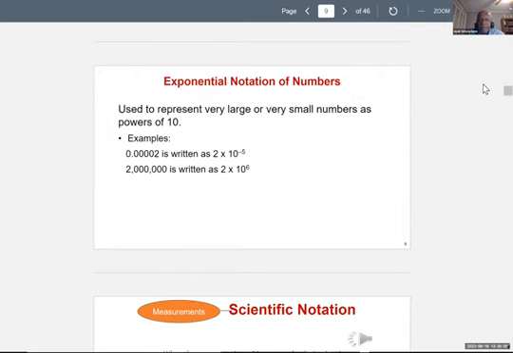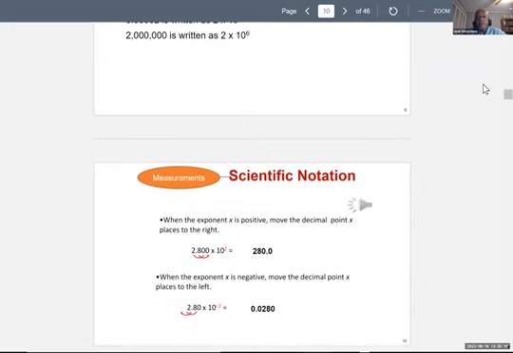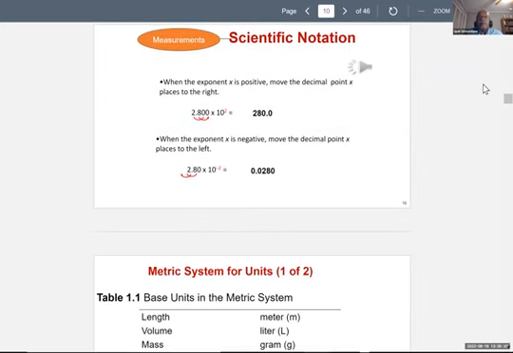The number is expressed in scientific notation to make it easier to deal with large numbers and small numbers. Now, you should be able to convert scientific notation to normal form.